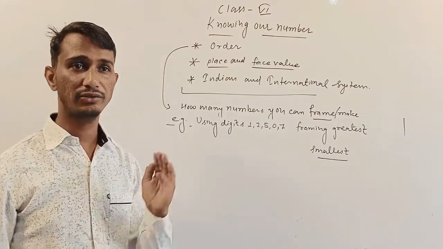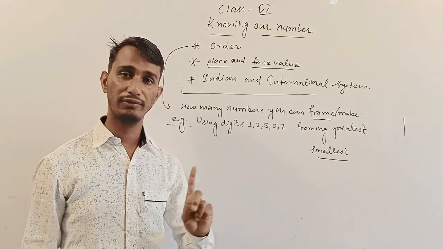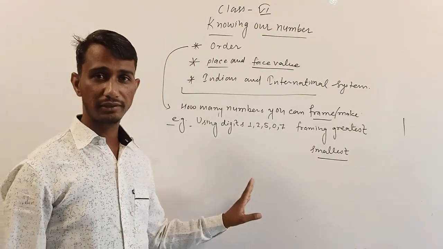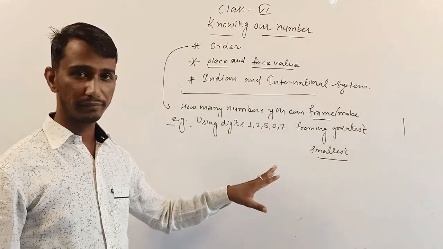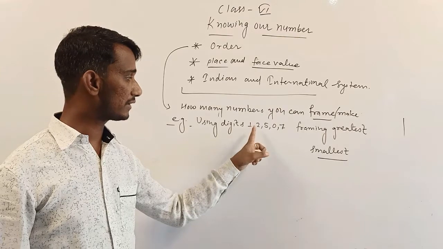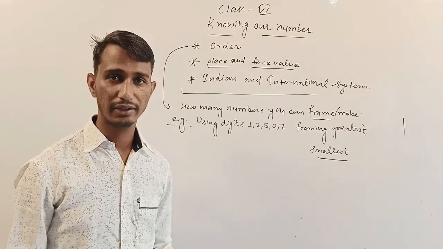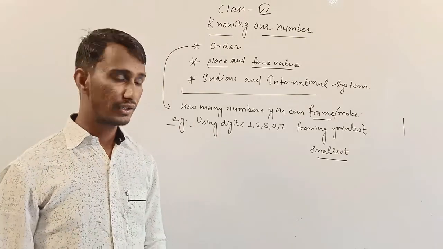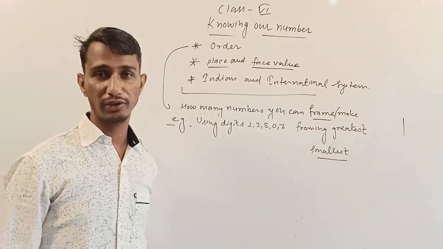Repetition is not allowed means you can use one digit only one time. You can't use 1 two times, or 2 two times, 5 three times, 0 two times, 7 two times. This is not allowed. You can use one digit only one time. So using this way, make the greatest number and smallest number.